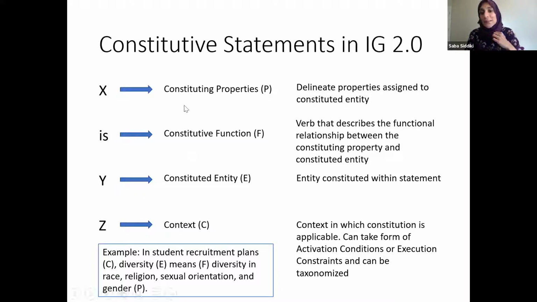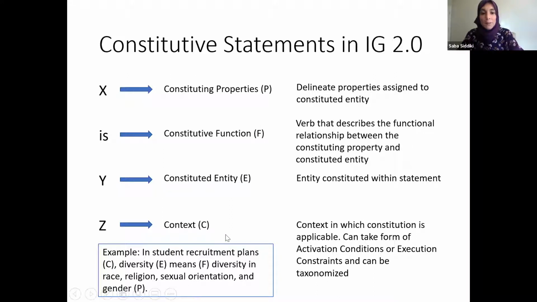We replace "is" with the syntactic component constitutive function, which is the verb that describes the functional relationship between the constituting property and the constituted entity. And we do in fact map Z to context as conceived of in the Institutional Grammar 2.0, which can take the form of either activation conditions or execution constraints and can be further taxonomized according to our context taxonomy.